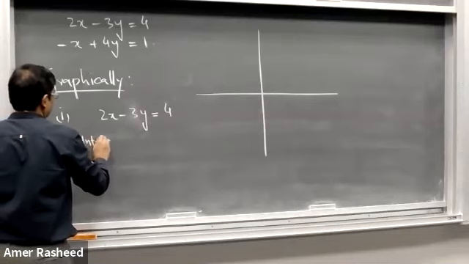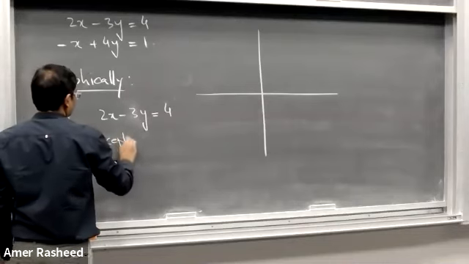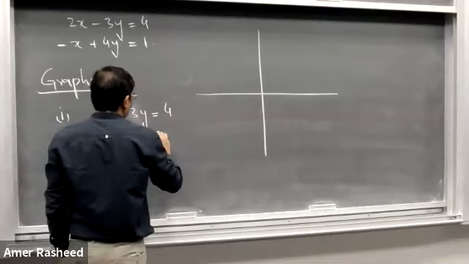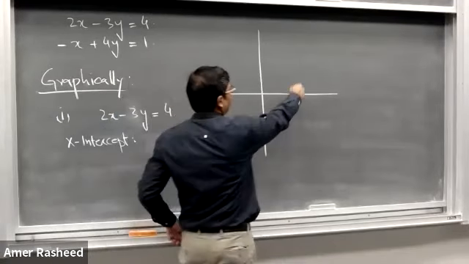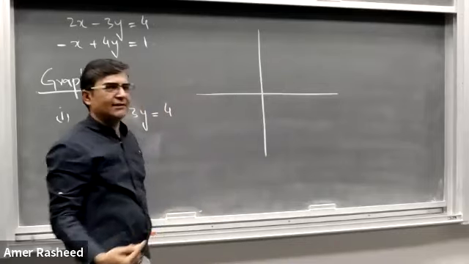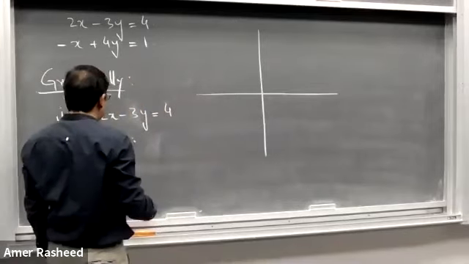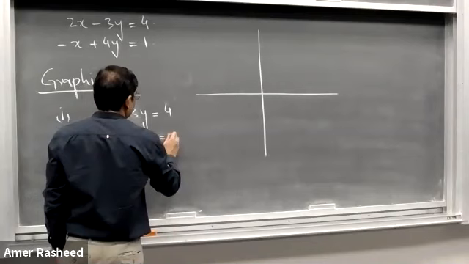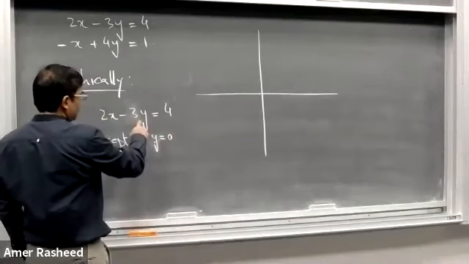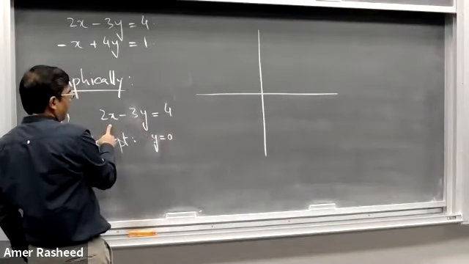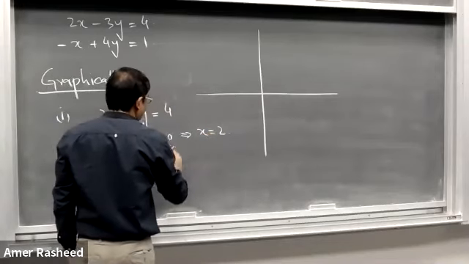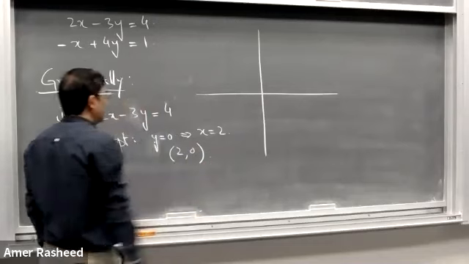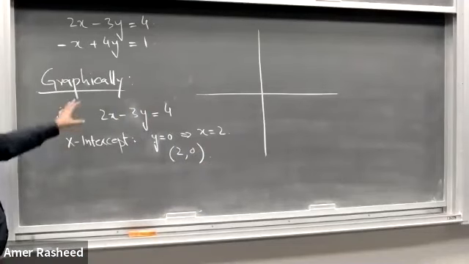Its x-intercept is what? You put y is equal to 0. X-intercept is that value where the line crosses x-axis. So where the line crosses x-axis, there we must have y is equal to 0. So if we put y is equal to 0 here, what would be the value of x? X will be 2. So we get 2, 0. This is your x-intercept of this line.